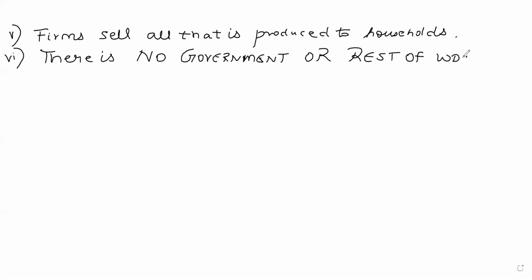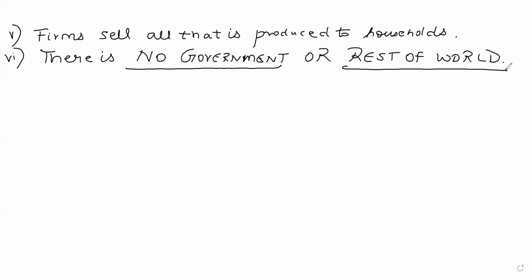So these are my six assumptions made for studying the circular flow of income and product in a two-sector economy. There is no government. Since there is no government, no point of having taxes. And since there is no rest of the world, assuming that only one economy exists on earth, no point of studying exports or imports.